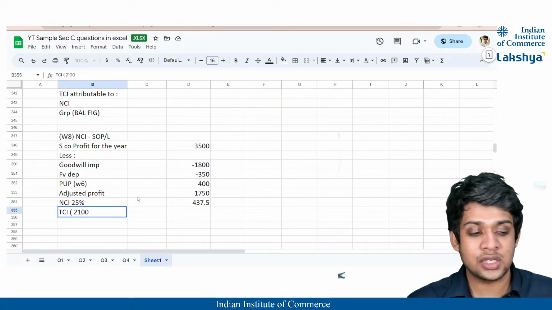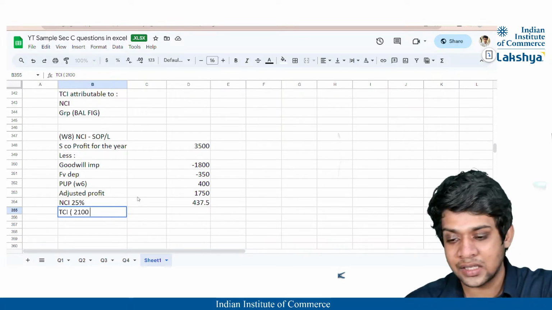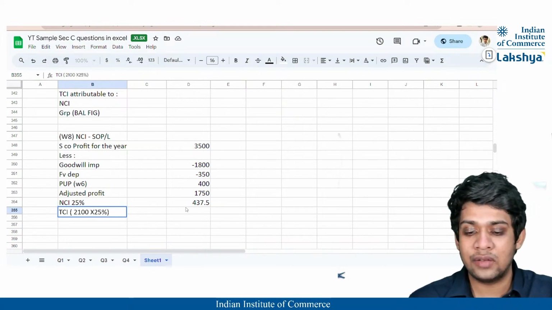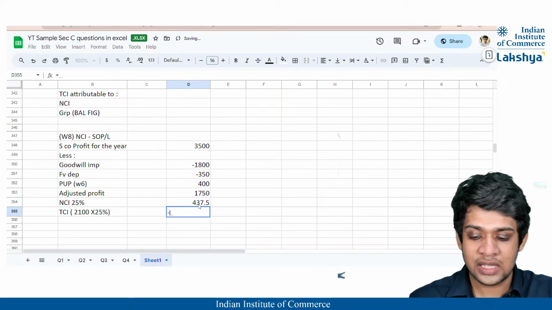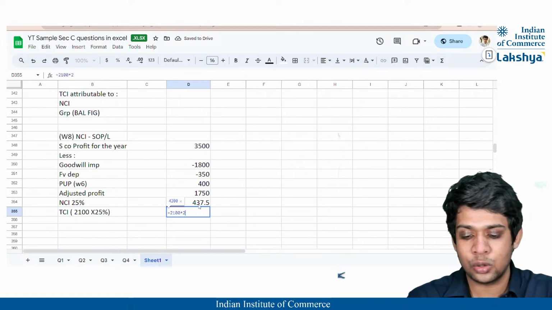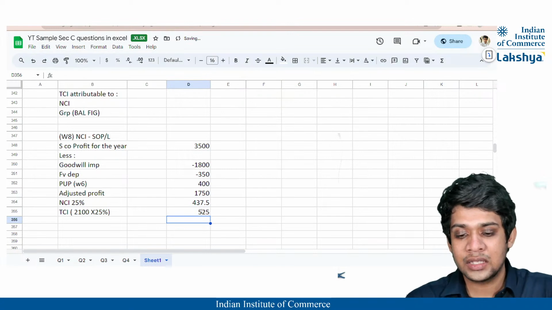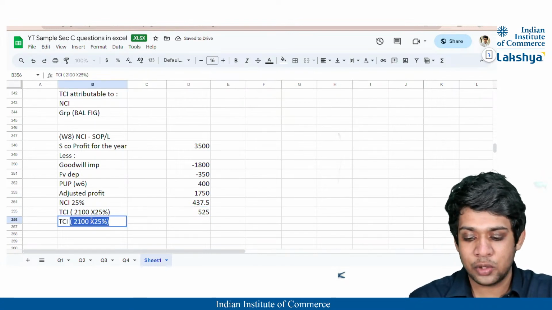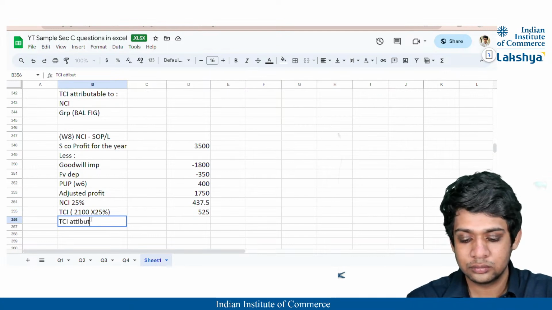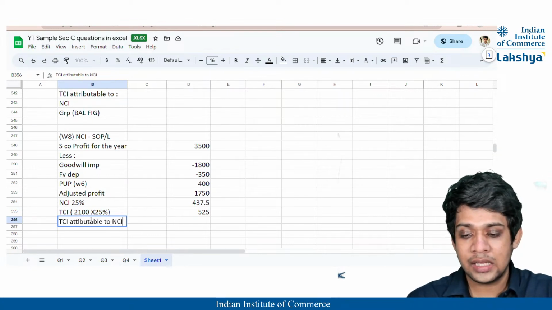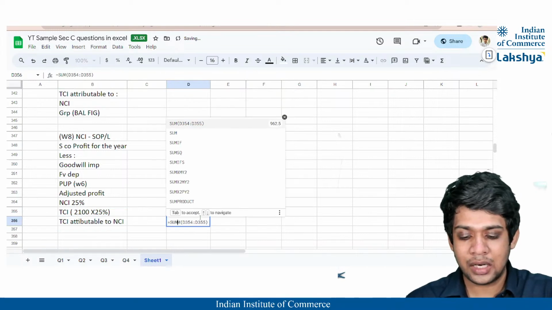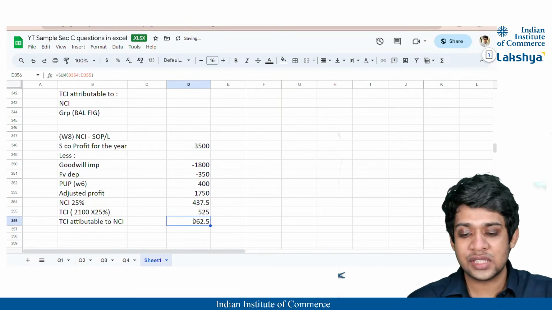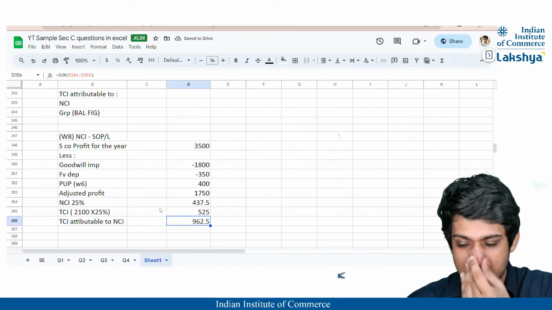So this is the revaluation surplus of the subsidiary's asset, of which 25% will go to NCI. So we will just add that value to the total profit, that is nothing but 2100 into 25%, that will give us 525. So the total comprehensive income which is attributable to NCI is going to be nothing but the sum total of the profit plus the post acquisition valuation, correct?